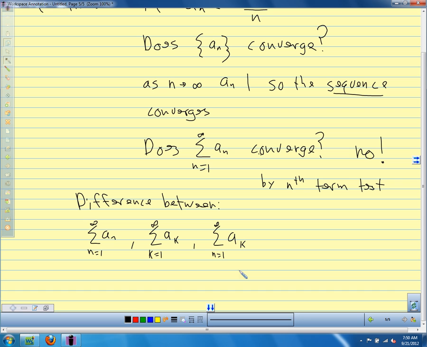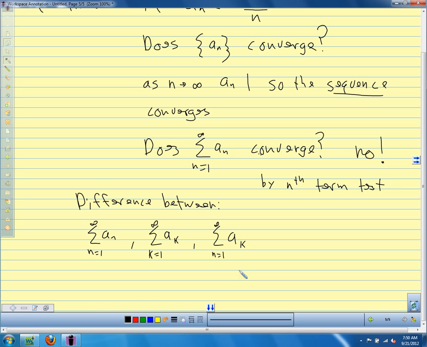Anybody want to give an opinion? So let's look at them one at a time. What's the first one? It's just a sum. It's just a series, right? How about the second one? Yeah, the same. We just had a different name for the letter that we used to index our terms. So the first two are the same.